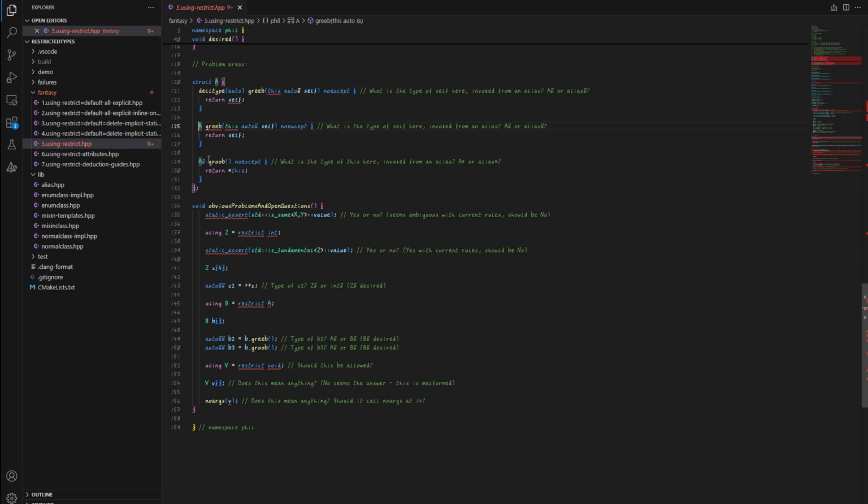If you've got things like operator plus plus on the class, what does it mean when returning a reference of its own type? We have a legitimate choice to make here about whether this auto expands to A or B, because the nature of anything using this auto is it must be an inline function. So we'll be expanding it at a point when we know whether the underlying type name is A or B.